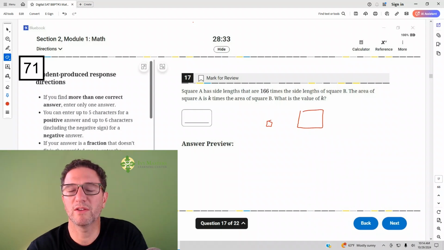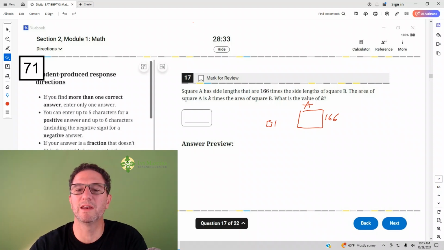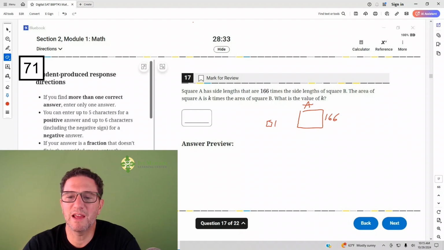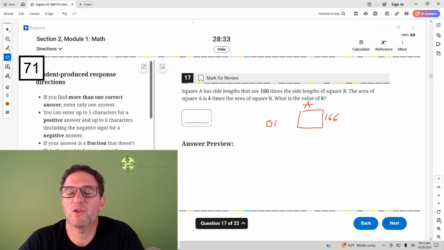But if square A has side lengths that are 166 times the length of the sides of square B, geez, I can't talk. A is the bigger one. So label that 166 on the side, and label this one 1. What did I just do? I actually just picked numbers. It doesn't say the length of the side of square B is 1.